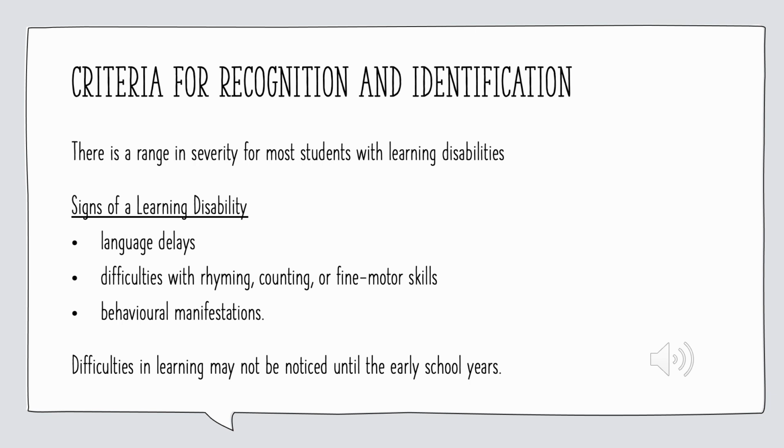To formally recognize and identify a child with a learning disability, several signs need to be present. They include language delays, difficulties in rhyming, counting, or fine motor skills, as well as behavioral manifestations. Note that not all of these signs need to be present, but any combination can be present. A key point to remember is that difficulties in learning may not be noticed until the early years of school.